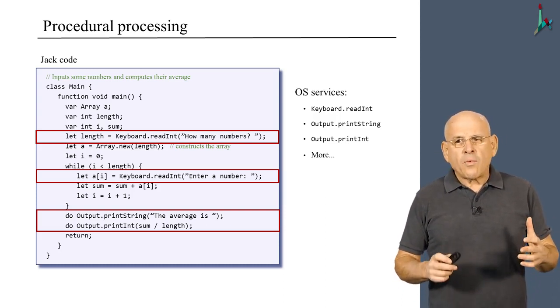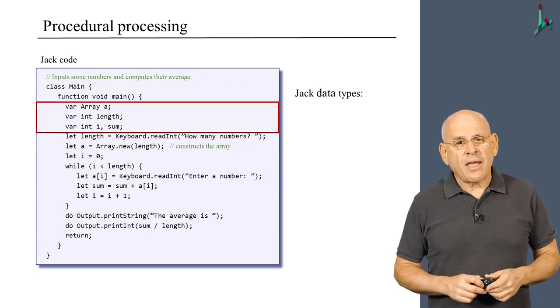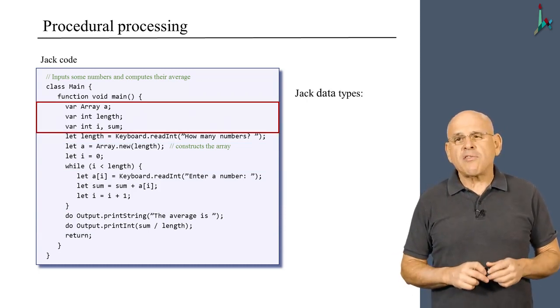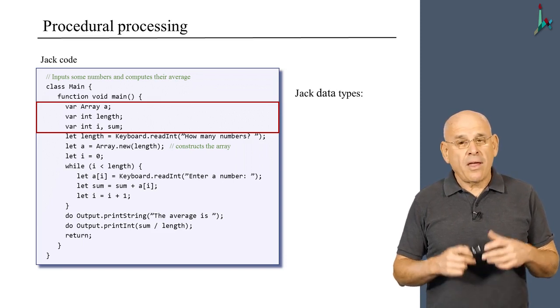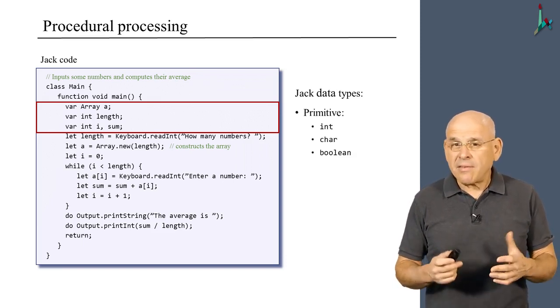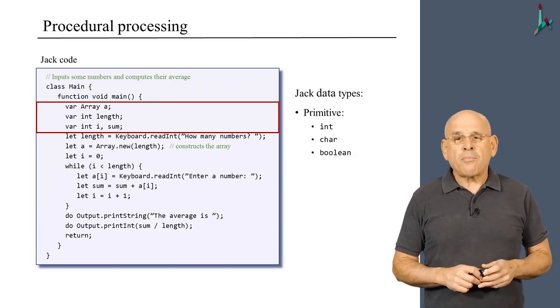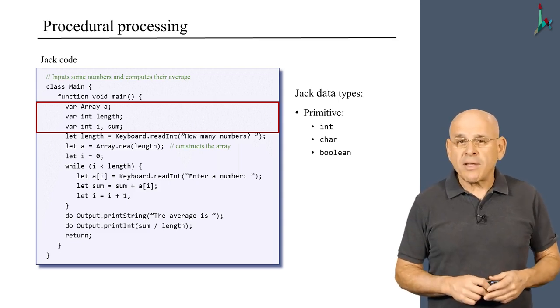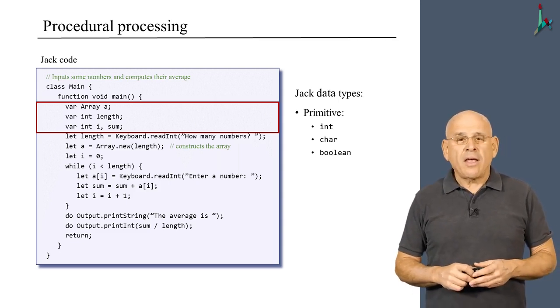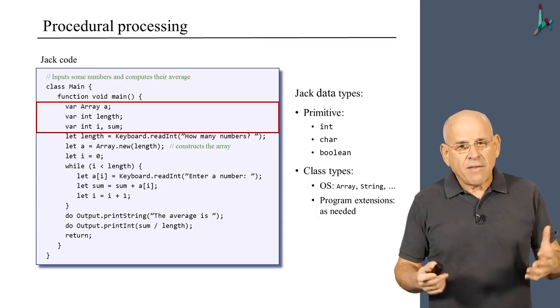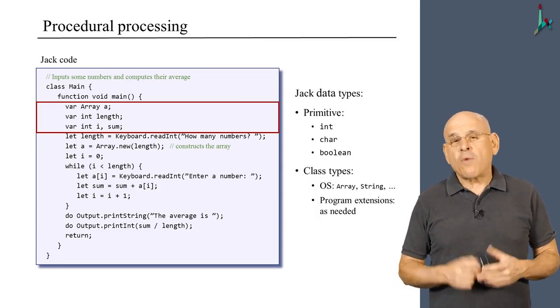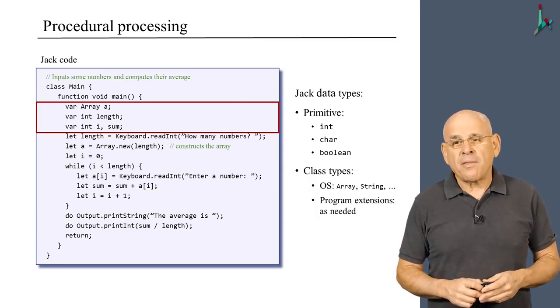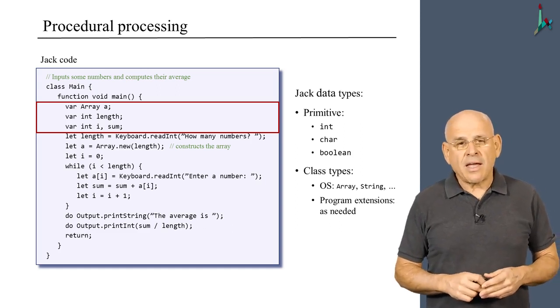What else? Well, we also have data types. And if we focus on these 3 lines of code, we see that we have primitive data types like int, that appears in this program, and in other programs you will see more data types like char and boolean. And we also have some class types, or we may have class types like the array class that I mentioned before.